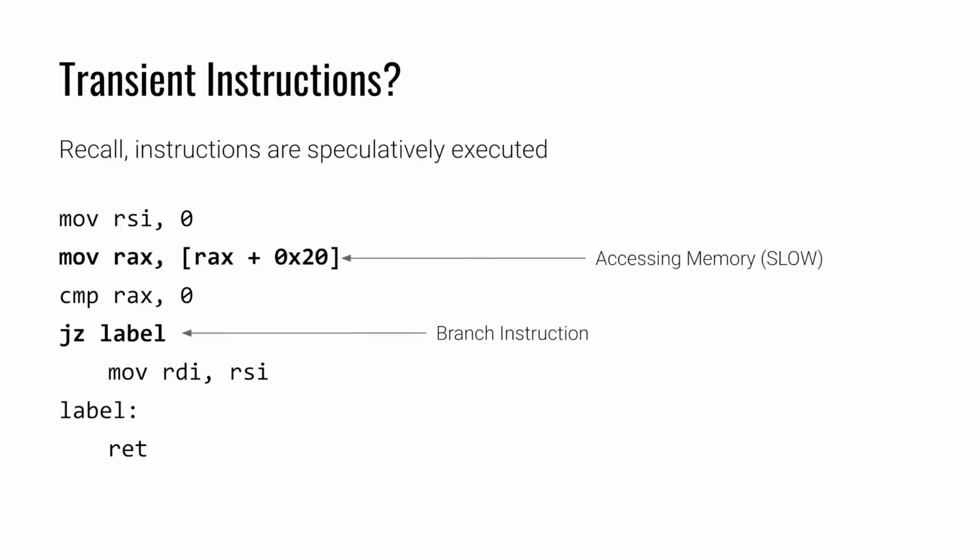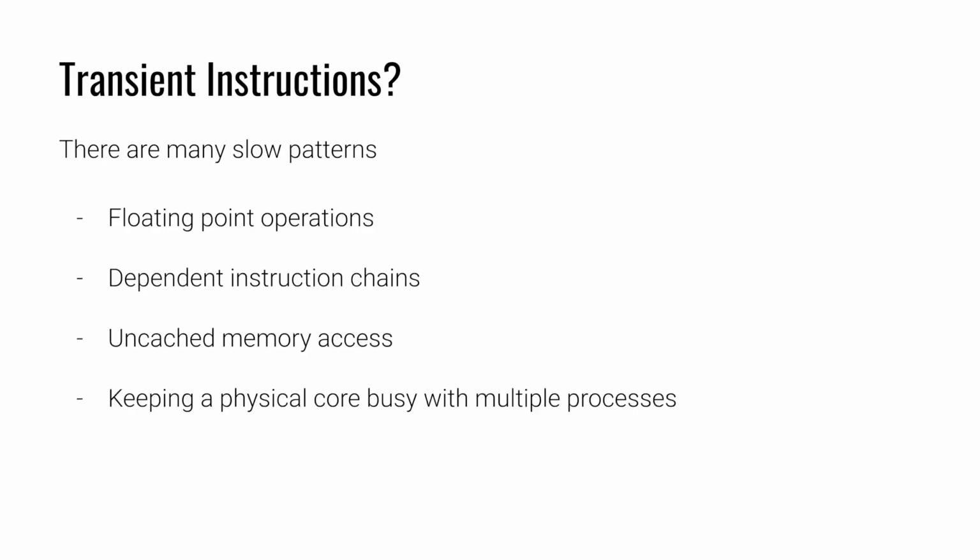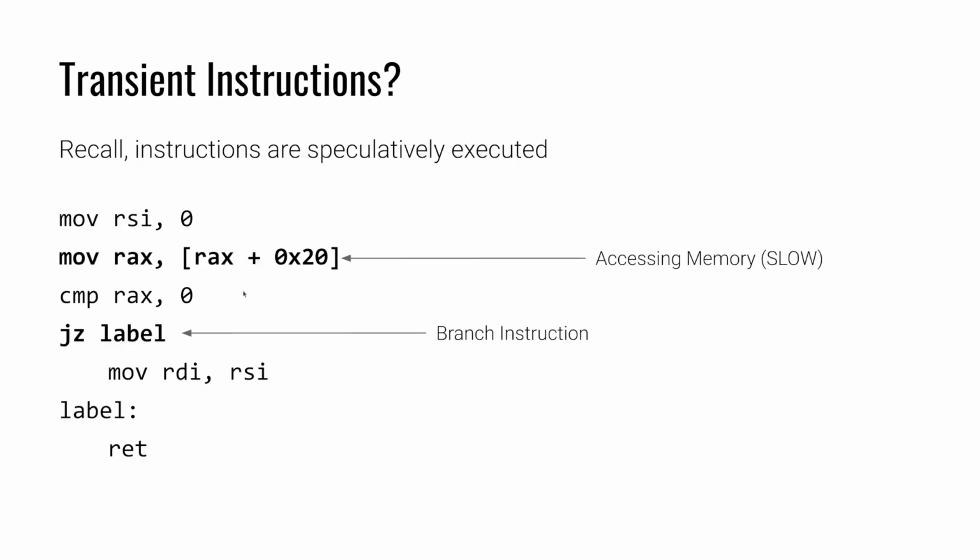In our classic example, these three instructions, the move RAX plus hex 20, followed by compare RAX 0, followed by jump 0 label, are a dependent instruction chain. We can't jump until we know the result of the comparison, and we can't compare until we know the value that was loaded from memory.